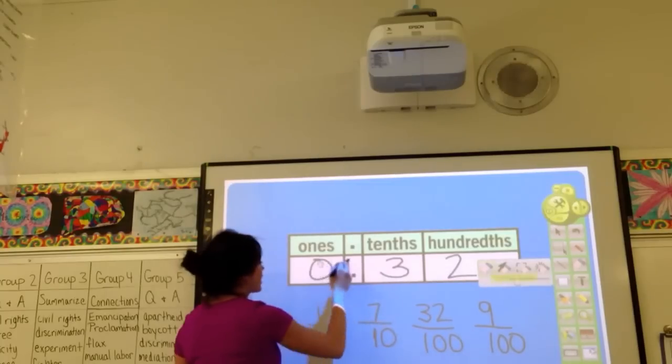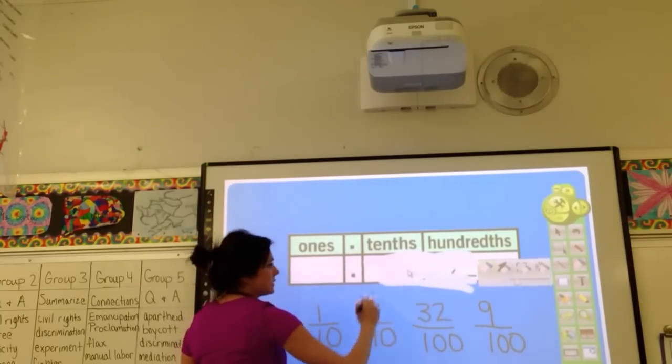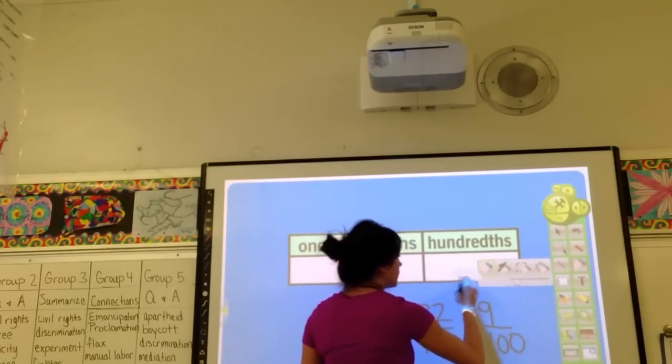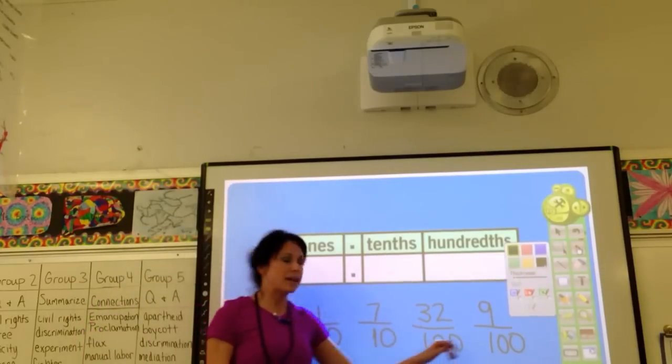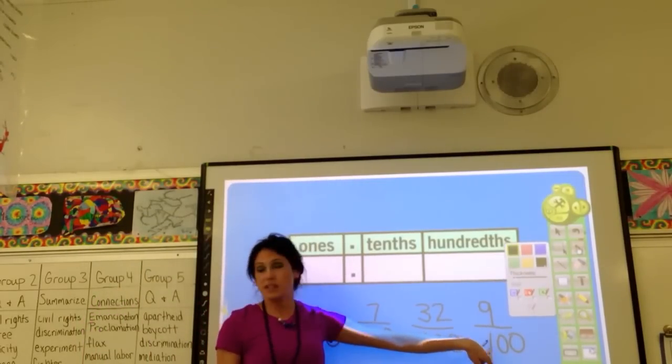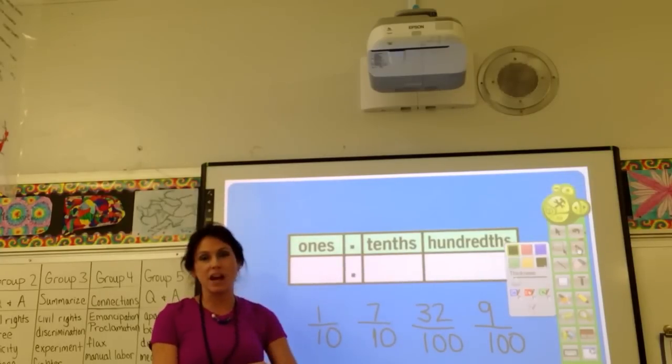And for my final fraction, I have 9 hundredths. So to write 9 hundredths as a decimal, again, I pay attention to the bottom, the denominator, and the denominator is 100, so I know that my fraction has to end in the hundredths place.